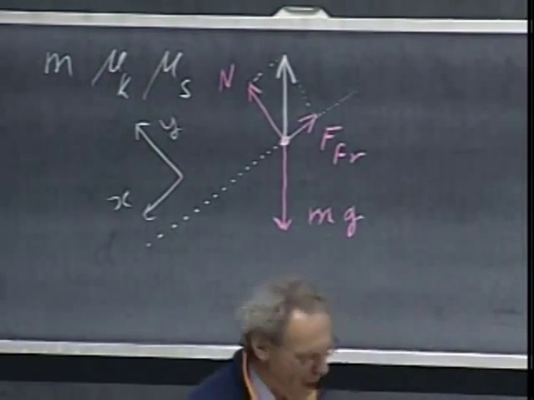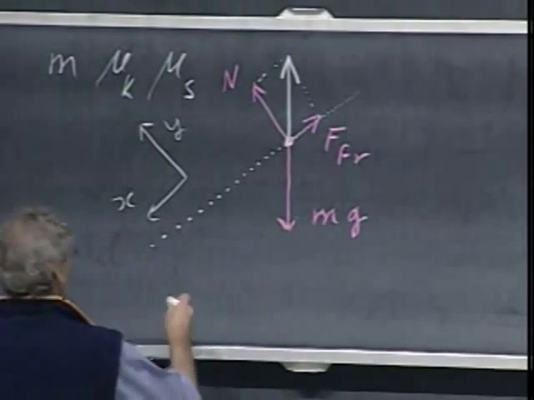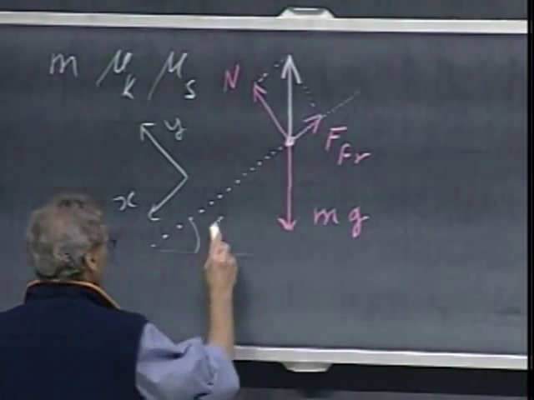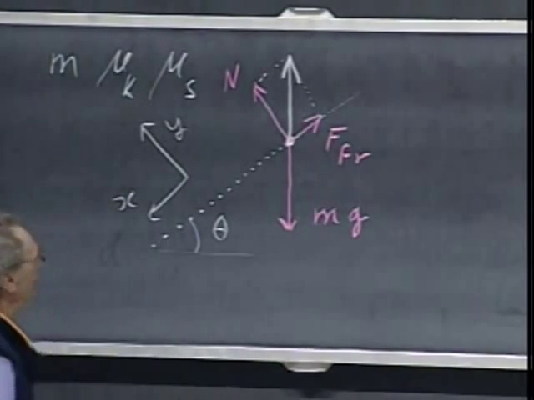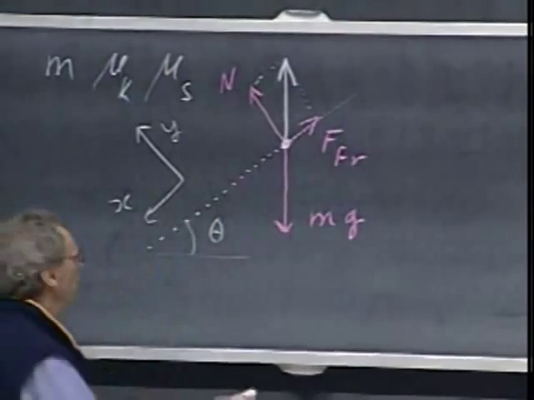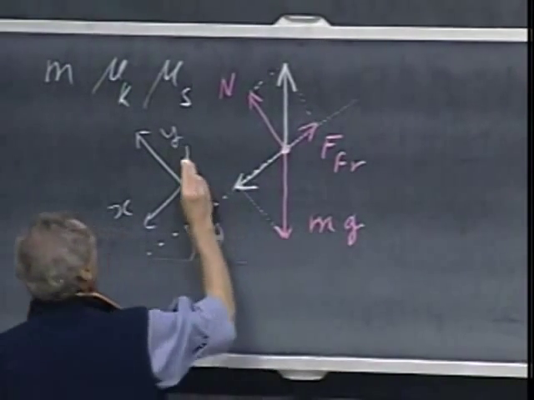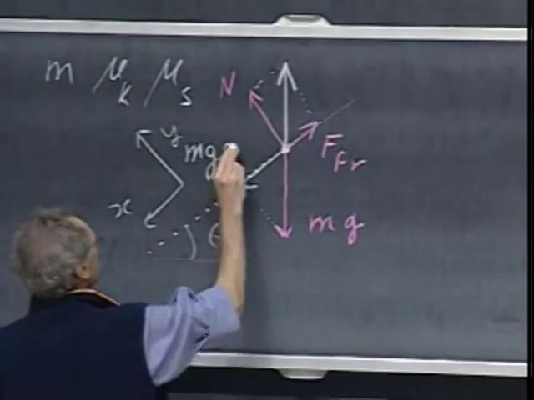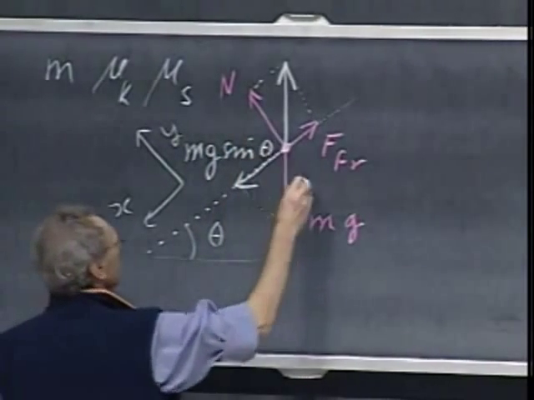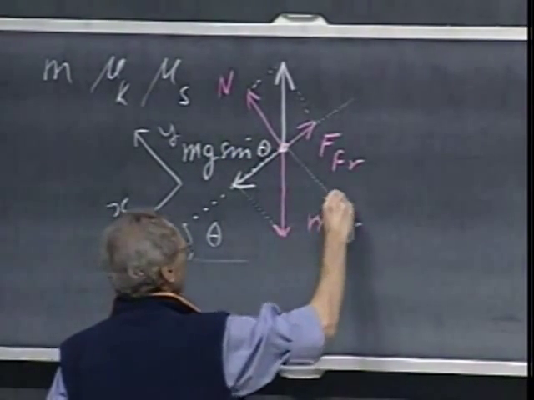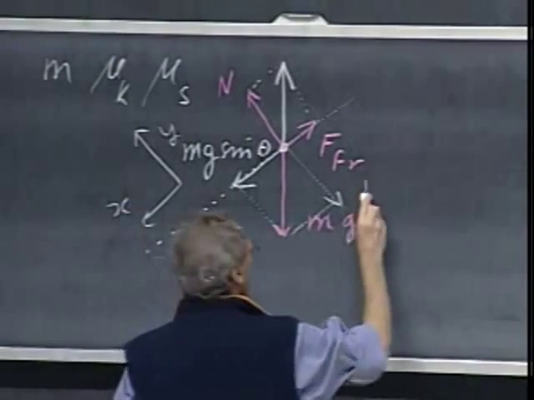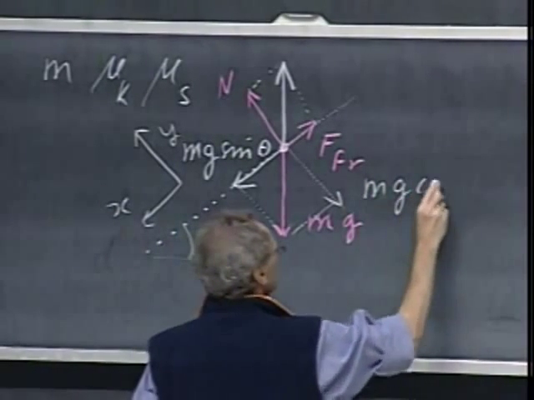All right, let's suppose now that we increase the angle theta until the object starts to slide. So now I'm going to decompose these forces. In the x direction, I have here mg sine theta, and the component of gravity in the y direction equals mg cosine theta.